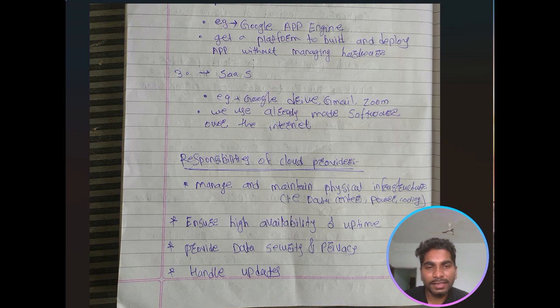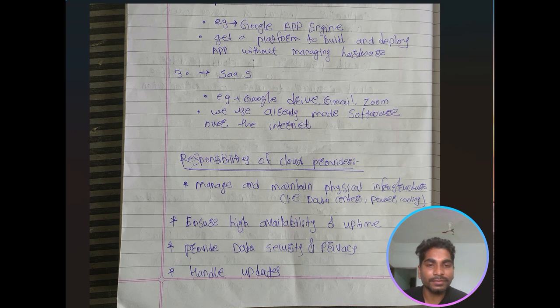The first responsibility of the cloud provider is to manage and maintain the physical infrastructure, that is data center, power, and cooling. The data centers get very hot because powerful machines are used there, so cooling is one of the important things, and data center power is also consumed in a big amount.